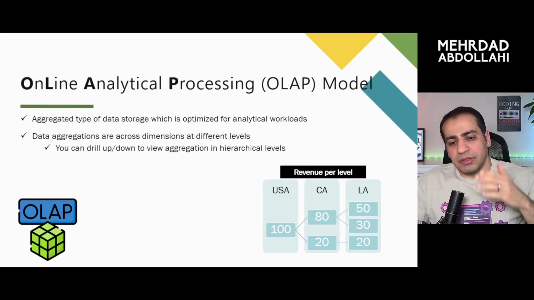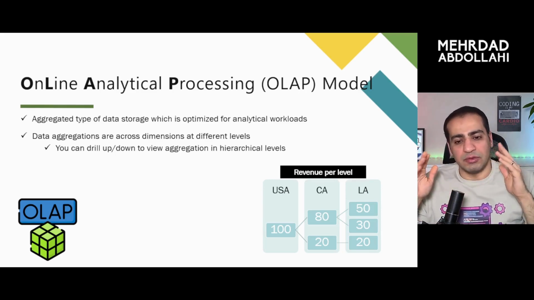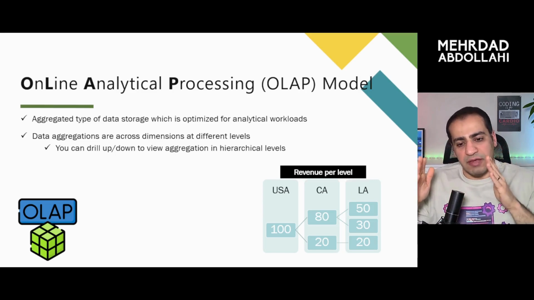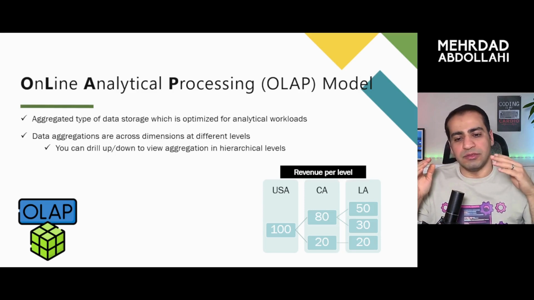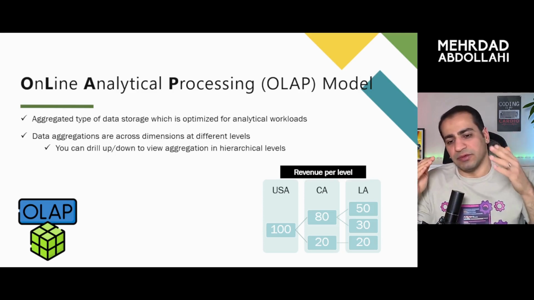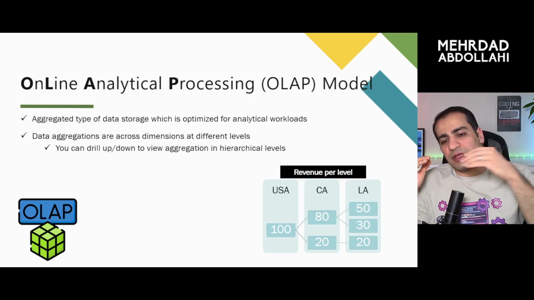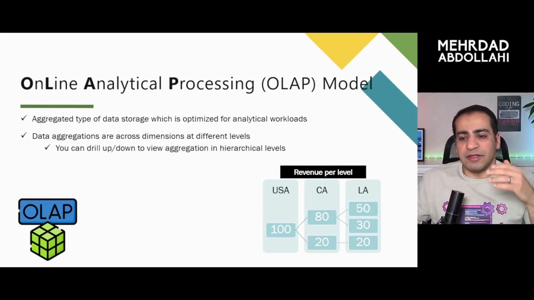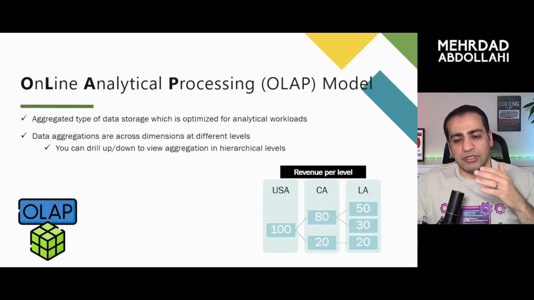As an example here, we have an aggregated amount for USA, which is 100. Then we can drill down to see California, for example, which has 80, and again we can drill down to another level, a city like Los Angeles, which will be 50.